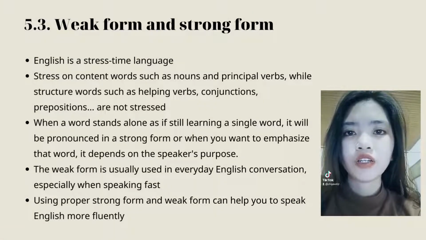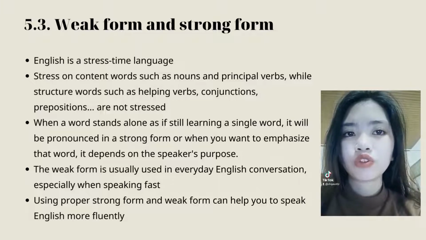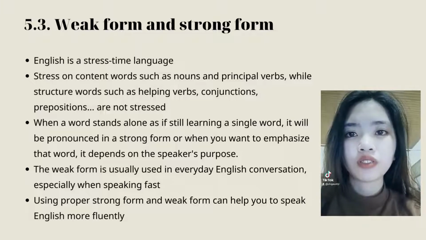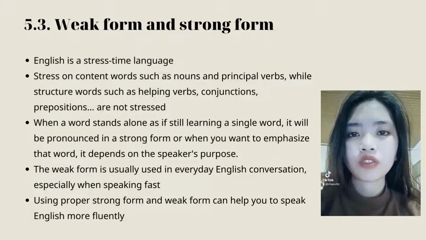It is very common to use strong form and weak form when speaking in English, because English is a stress-timed language. It mainly uses stress on content words, such as nouns and principal verbs, while structural words such as helping verbs, conjunctions and prepositions are not stressed.